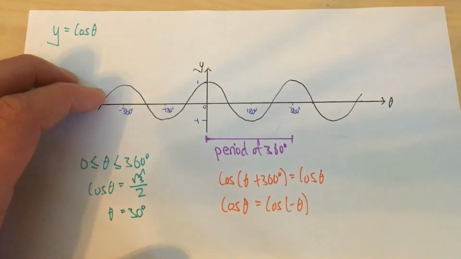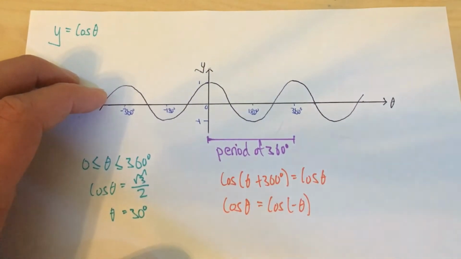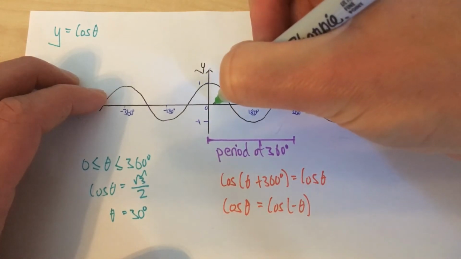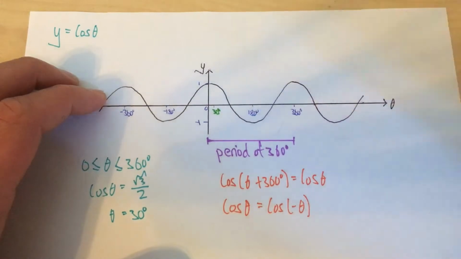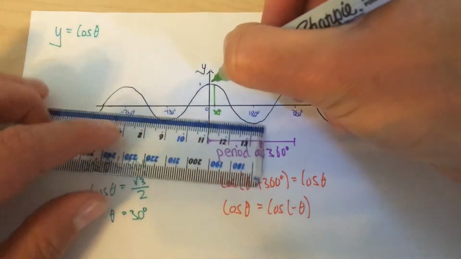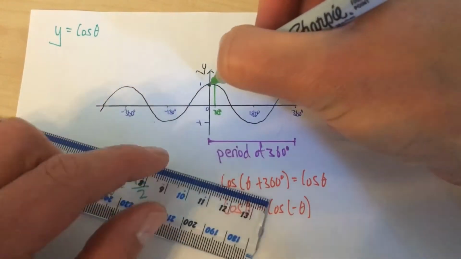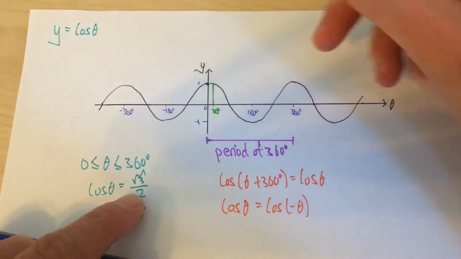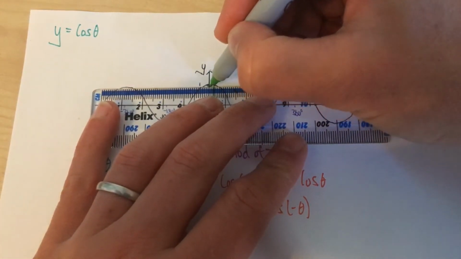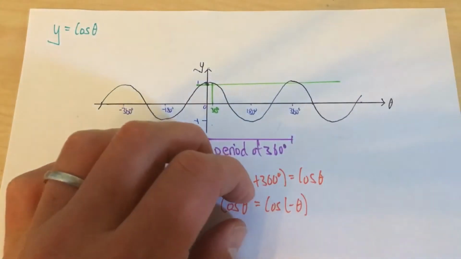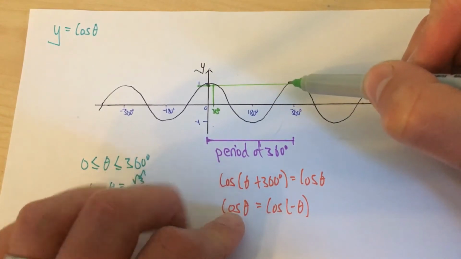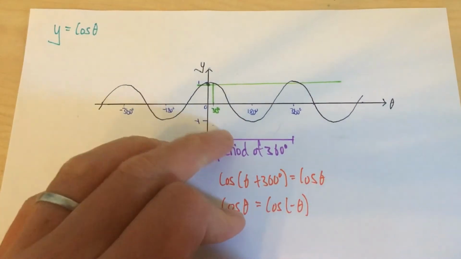Let's have a look at that on the graph. Here's 180, there's 90, so 30 is probably about there. This is just a sketch. If I draw a line up to the curve and then along here, that value there is √3/2. Now if I extend this line, we can see that within the range 0 to 360, there's another solution for √3/2, and it's here.